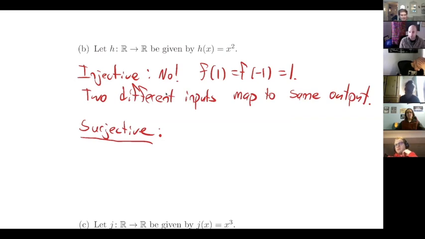Because only the positive integers are in the range, or the negative real numbers that are not a square, so they're not in the range. Yep, sounds good. That's right. We're not going to get any negative real numbers from this map, so we're not mapping onto the whole codomain.